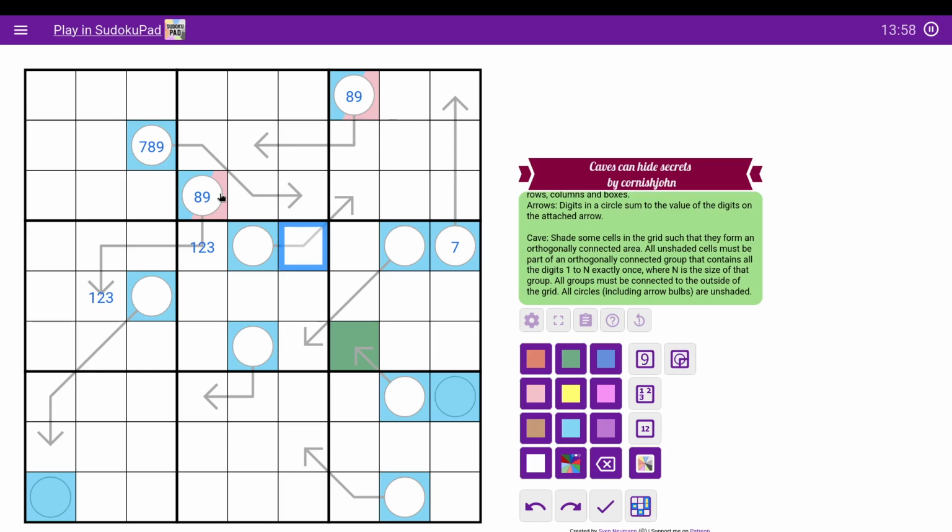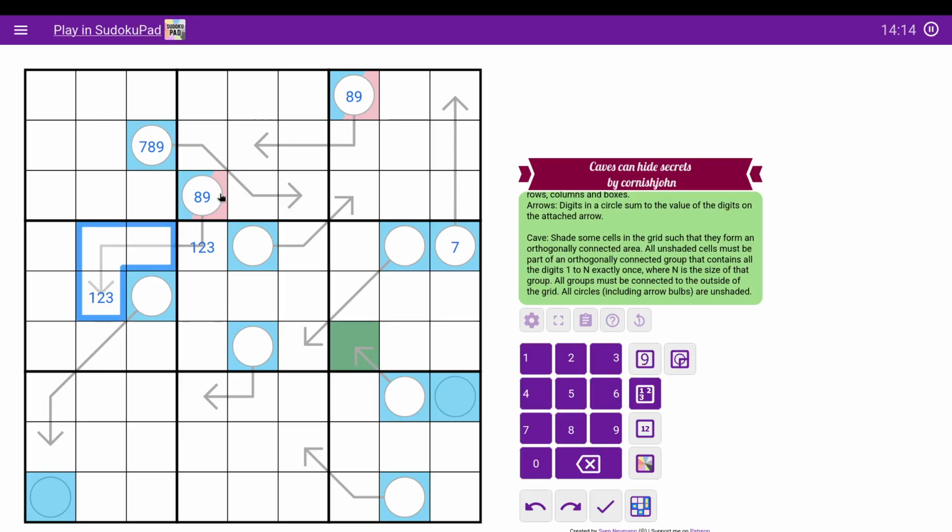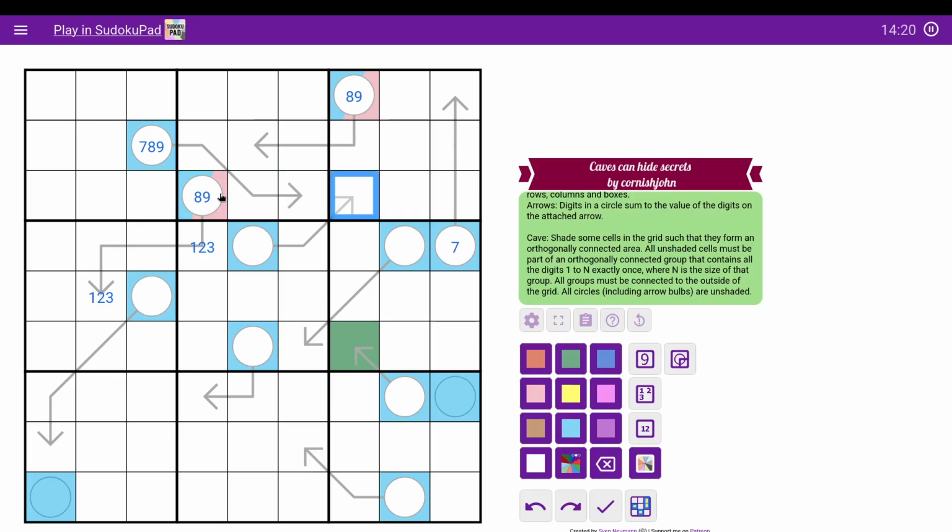If this is 3 or less, so if this is a 5, this has to be 3 or less. Which means one of these is 4 or higher. So it could be 1, 2, 4, 1, making 8. Do I know this has to be at least 5?